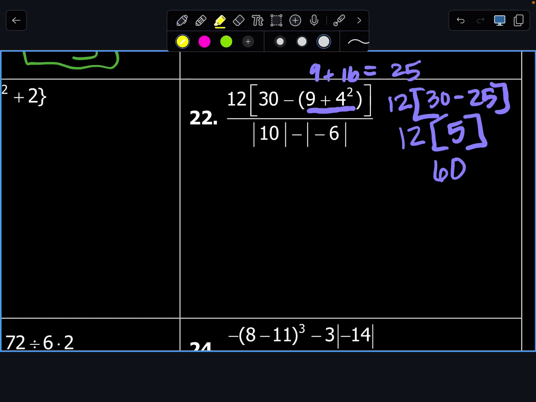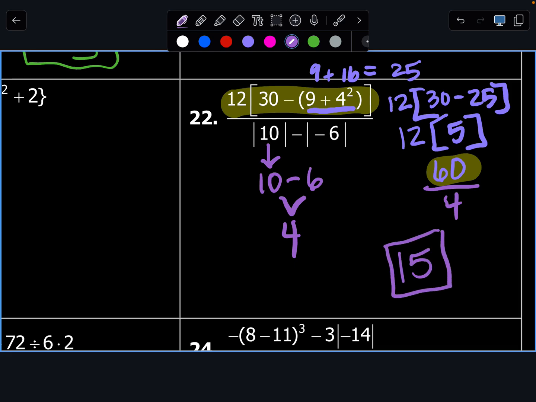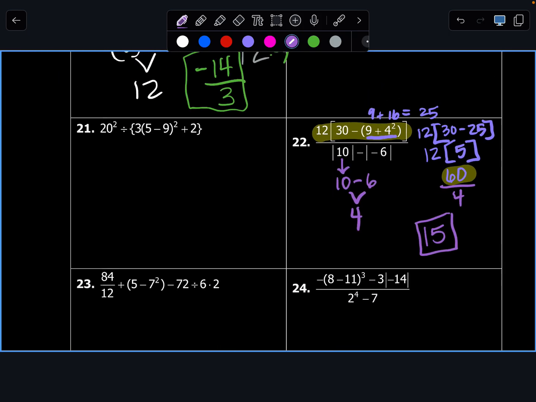So in our numerator, we have 60. All right, let's look at the denominator. What's the absolute value of 10? What's the absolute value of negative 6? 10 minus 6 is? 60 divided by 4 is? 15. Okay, again, just break down your steps, and it's not as scary necessarily as it looks.